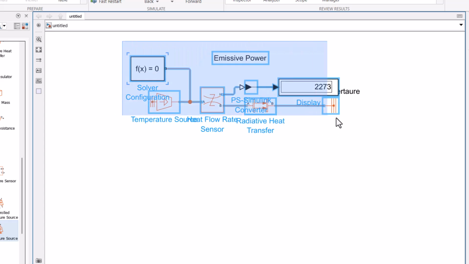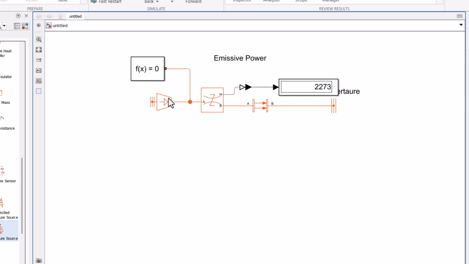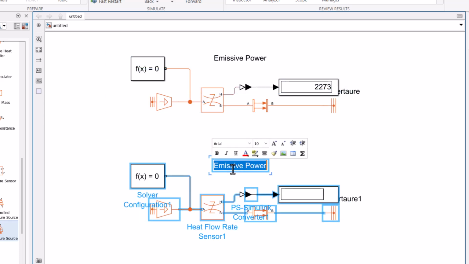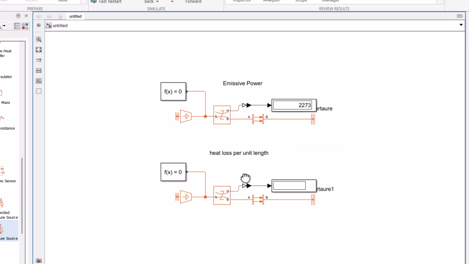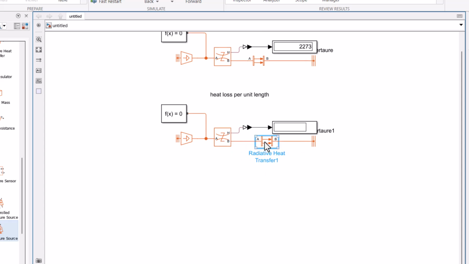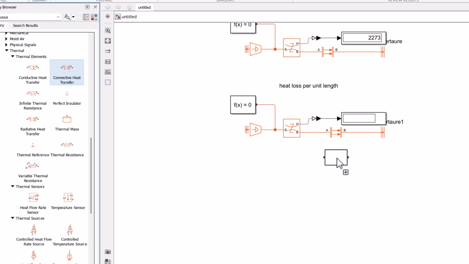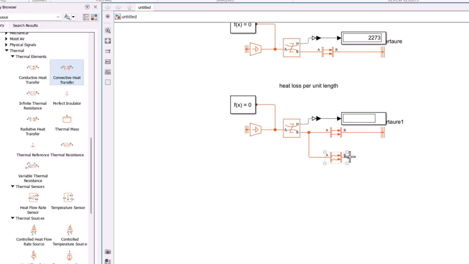And now I am going to make a copy of my system, and I name it heat loss per unit length. So in addition to radiation, I need a convection block. So here I find convective heat transfer. And I make a copy of my temperature.